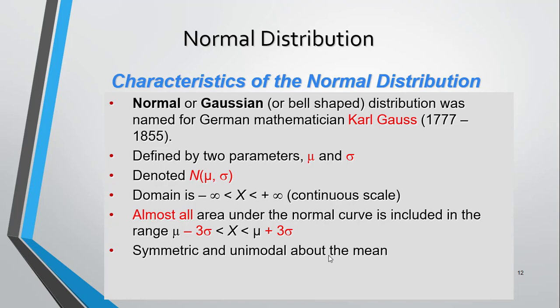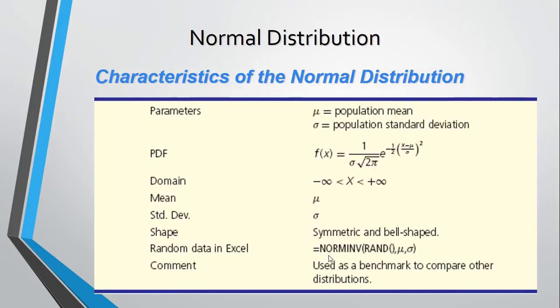And the normal curve is symmetric and unimodal about the mean. Okay? And the characteristic of the normal distribution, as we just said, mu is the mean of the population, sigma the standard deviation of the population. This is the equation for the probability density function. Right? This is sigma here.